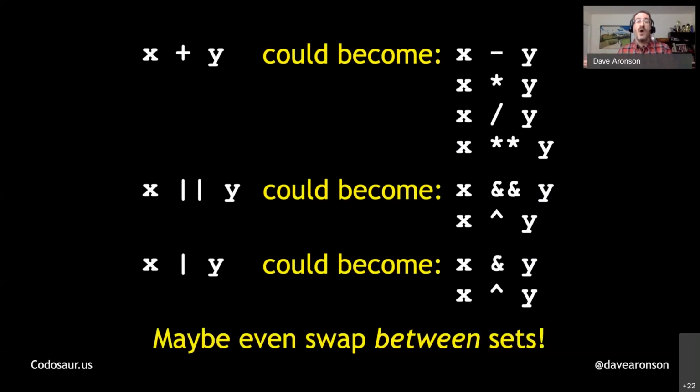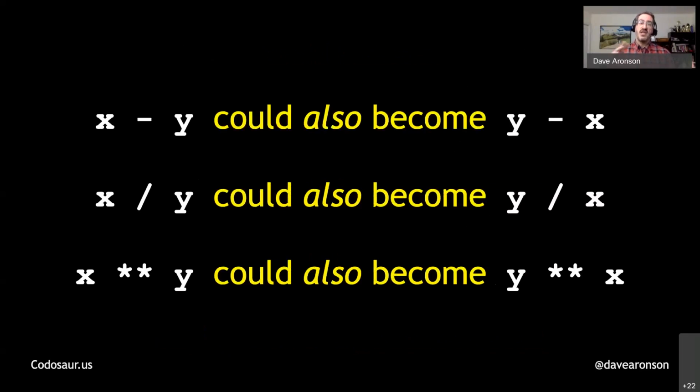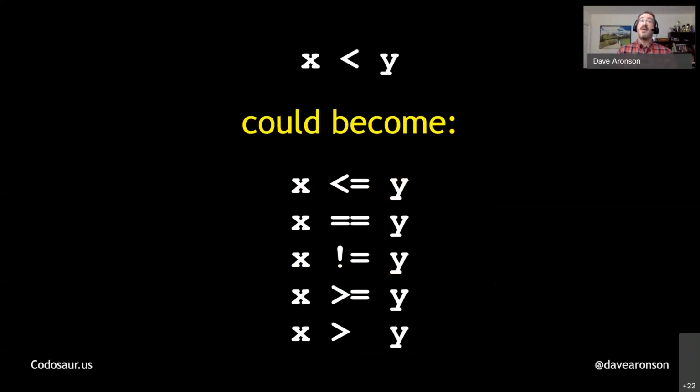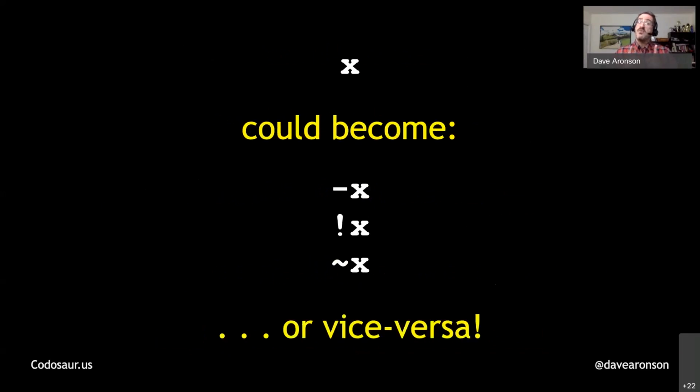So x times y could become, for instance, x and y, or x exclusive or y. Where order of operands matters, such as in subtraction, division, or exponentiation, it could swap them. It could change a comparison from one to another. It could insert or remove a mathematical, logical, or bitwise negation.